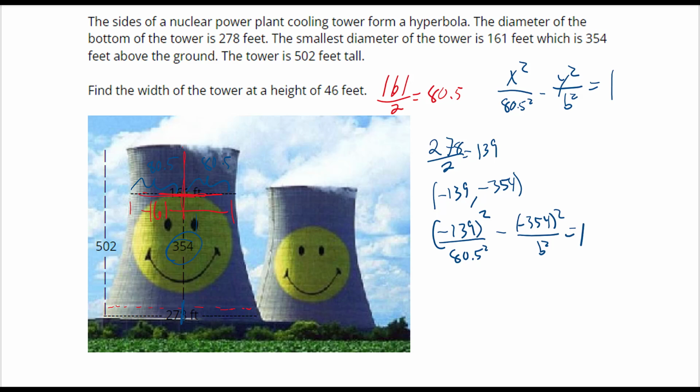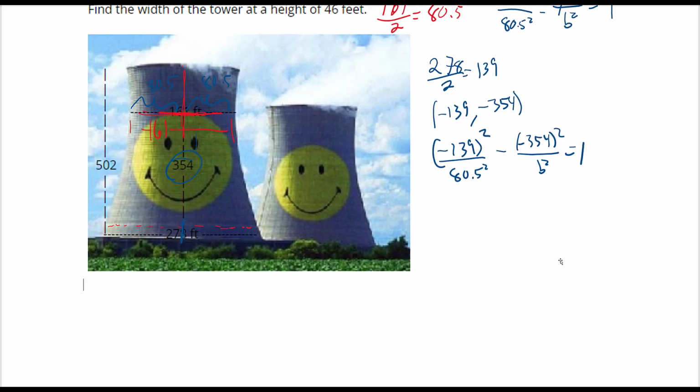And the idea again is we're solving for b, so we will get rid of this constant term here. So it'd be the negative of negative 354 squared over b squared equals 1 minus negative 139 squared over 80.5 squared.